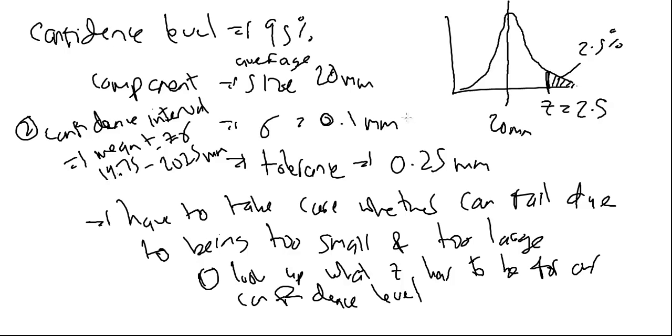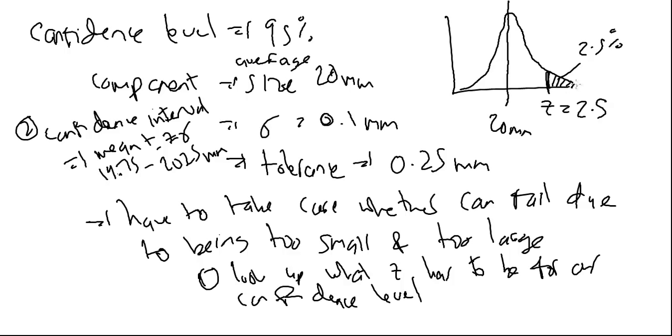But then you'd have to look up in the tables book what the appropriate probability is. So if the standard deviation is 0.1 and the tolerance is 0.25, that means Z is 2.5, and I can look up what that probability is.